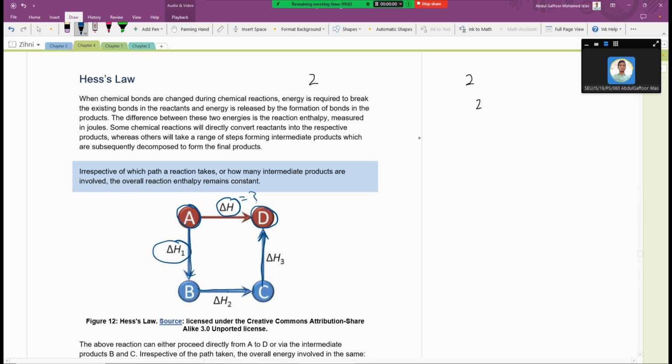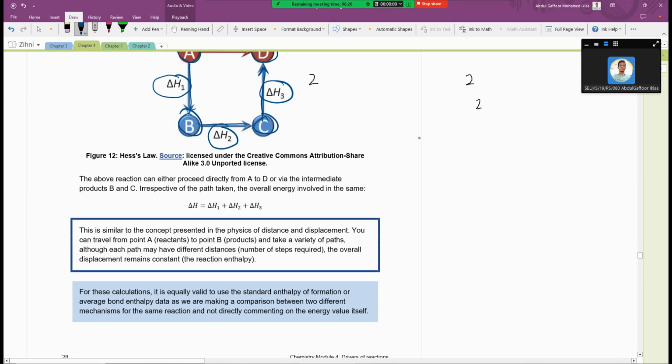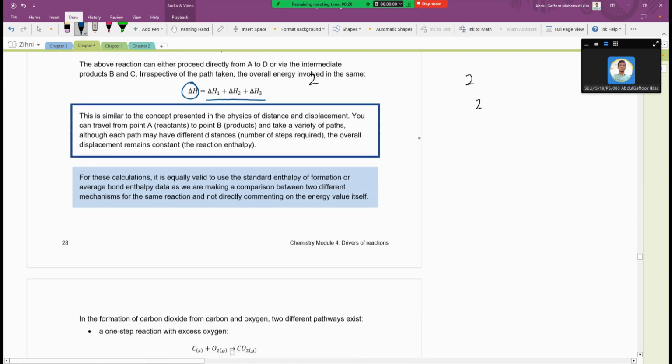For each step we have delta H. Hess was a scientist, and he told that when a reaction happens in multiple steps, the overall enthalpy remains constant, irrespective of which pathway the reaction takes or how many intermediate products. The intermediate products produced here are B and C. Delta H is equal to delta H1 plus delta H2 plus delta H3.